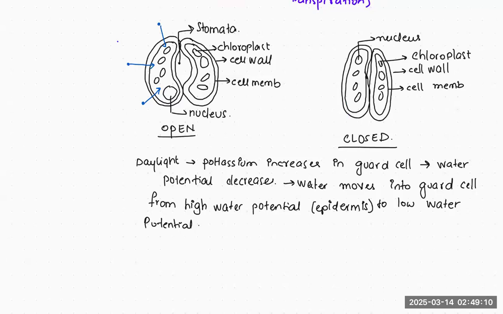That special term is known as turgid. We say that the plant cell has become turgid. So the guard cell swells up and becomes turgid.